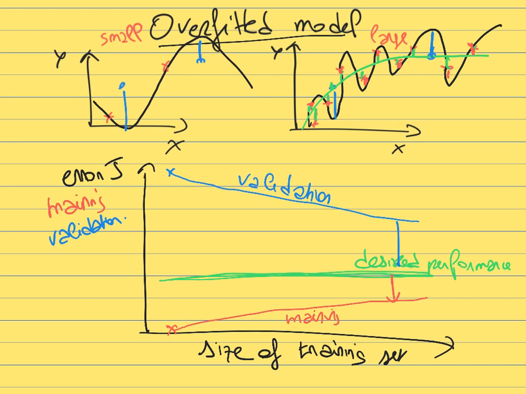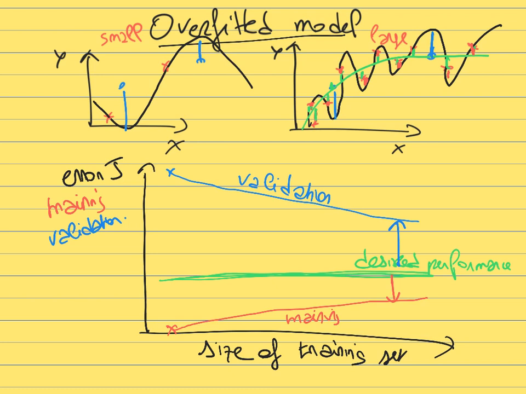So the model is doing better than it should for the data of the training set, but more importantly, it's doing not as well as it should. The error for the validation set is higher than your desired performance. So your model has a very low error when interpolating the data of the training set, but it has a large error when predicting unknown data from the validation set. So that's the first signature.